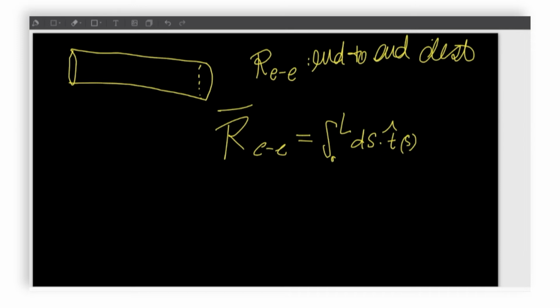So the assumption is that ds are small segments, and the tangents are at every successive segment length of s.